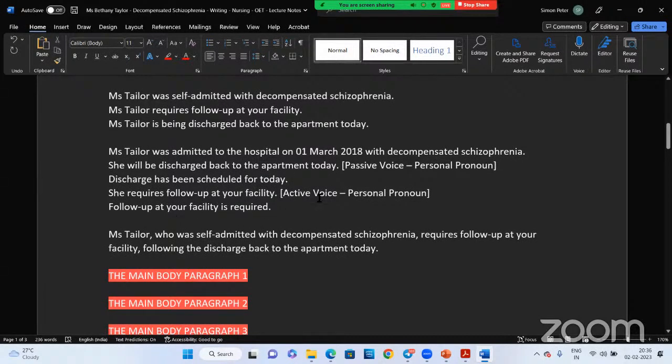So this is passive voice. Passive voice without personal pronoun. Without personal pronoun. This is also passive voice, without personal pronoun.